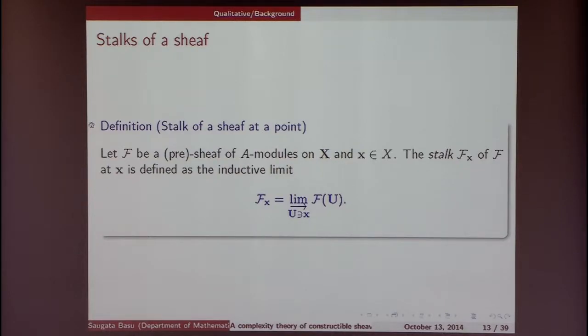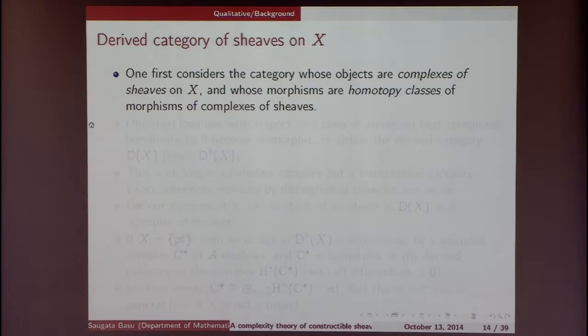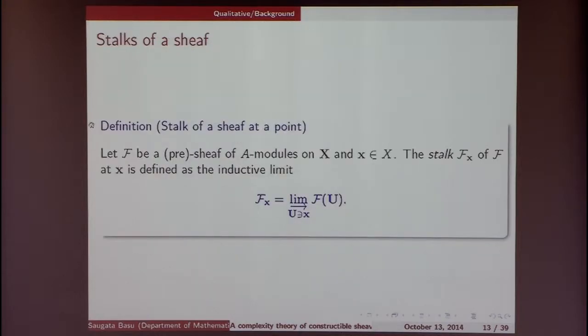But we need to go to the derived category. So here, the derived category of sheaves on X. Maybe I should say a few words about the category of ordinary sheaves. The category of sheaves on a fixed topological space is an abelian category.